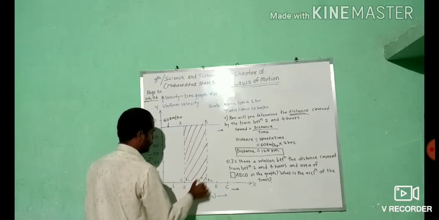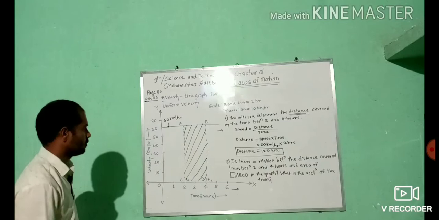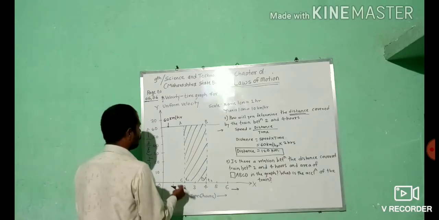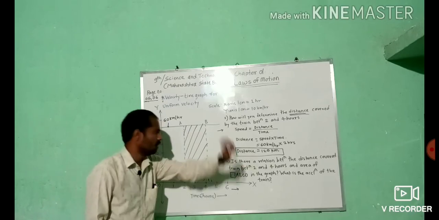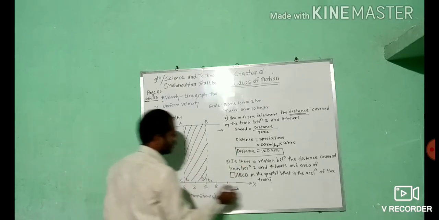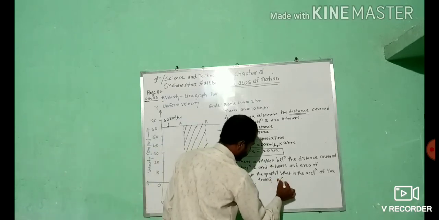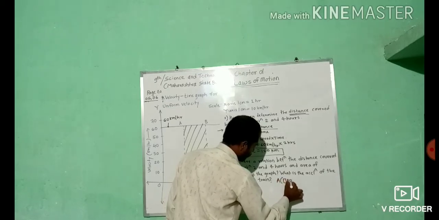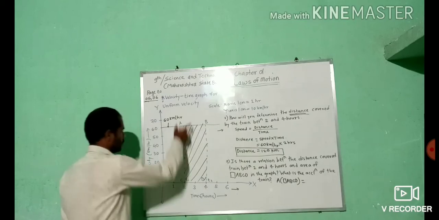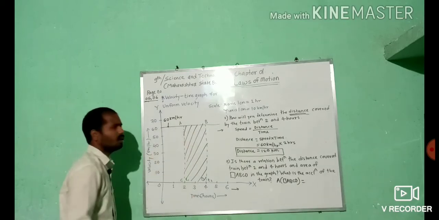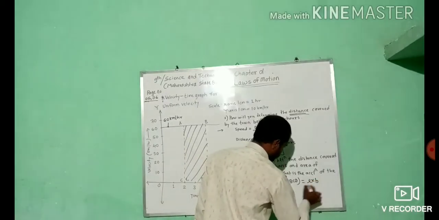So how? If you find out the area of that quadrangle, you will get the value 120. Find out the area first. Area of quadrangle ABCD, quadrilateral ABCD. Here it looks like a rectangle, so it is length into breadth.